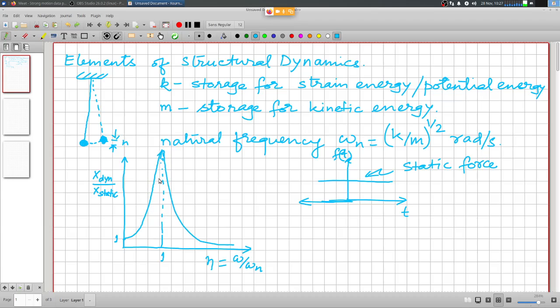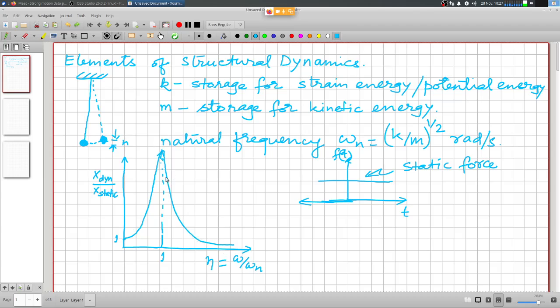The dynamic response is going to be several orders of magnitude larger than the static response. What happens if the same amplitude force was applied at a constant level, without any oscillation, without any sign reversals, right?